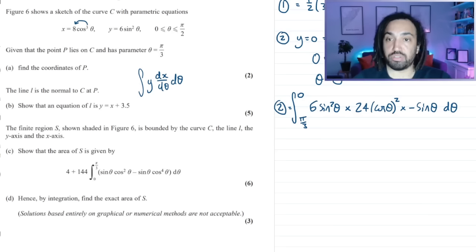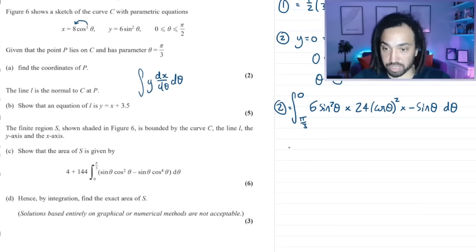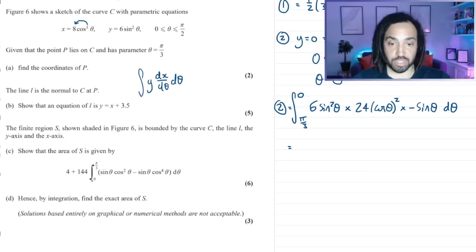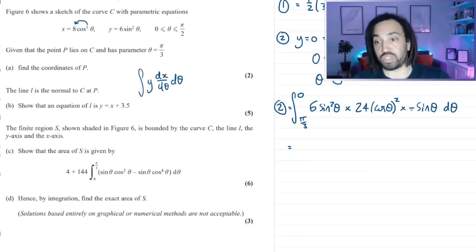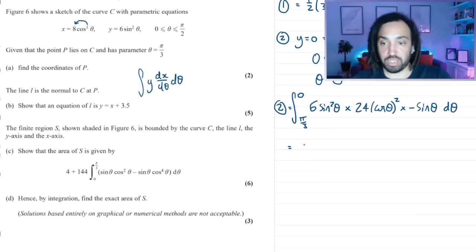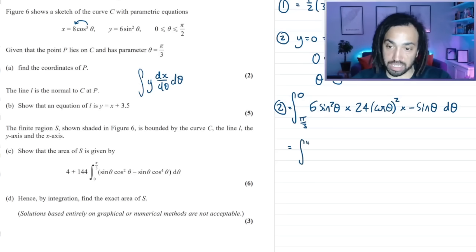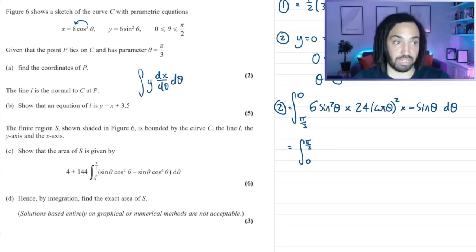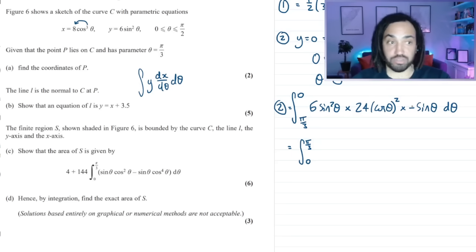Okay, so the first thing we could do is a very sneaky trick, and that is we can swap the limits over, and in doing so we have to multiply the integral by -1. So multiplying the integral by -1 in fact swaps the limits over, and I need to do that because the limits are actually this way round, and that's just going to get rid of this minus sign here.